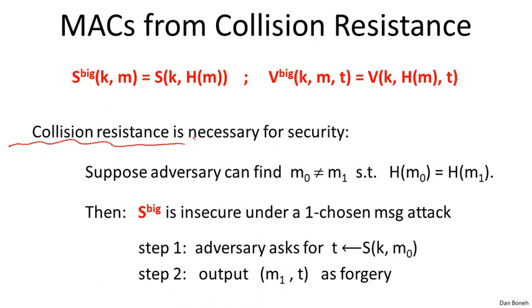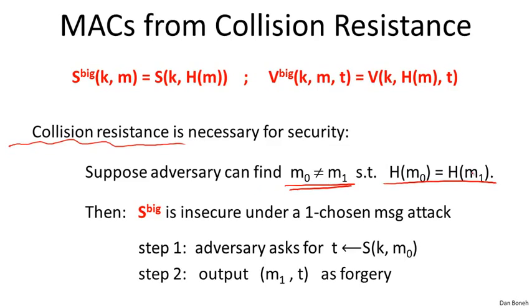One thing I wanted to point out is that collision resistance is in fact necessary for this construction to work. Collision resistance is not just a made-up term; it really is the essence of why this combined MAC is secure. Let's assume for a minute that the hash function H is not collision resistant. In other words, there is an algorithm that can find two distinct messages that map to the same output.